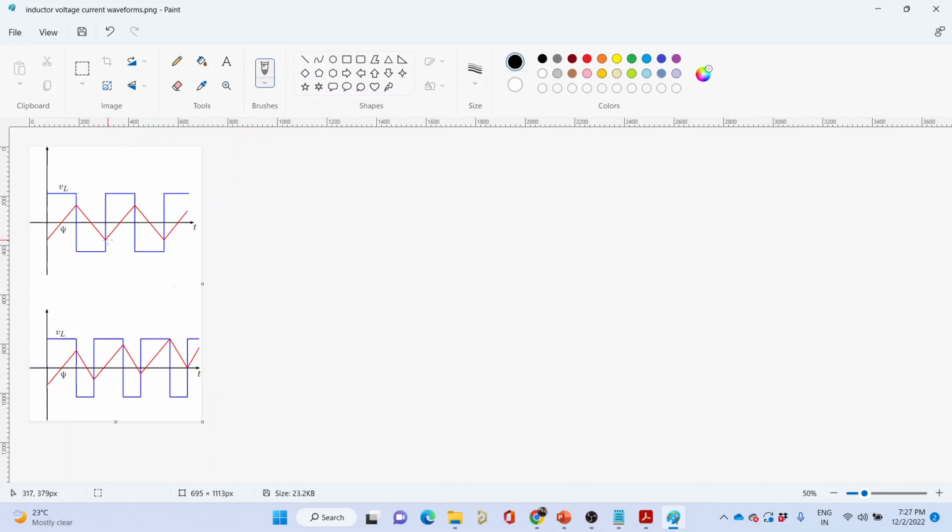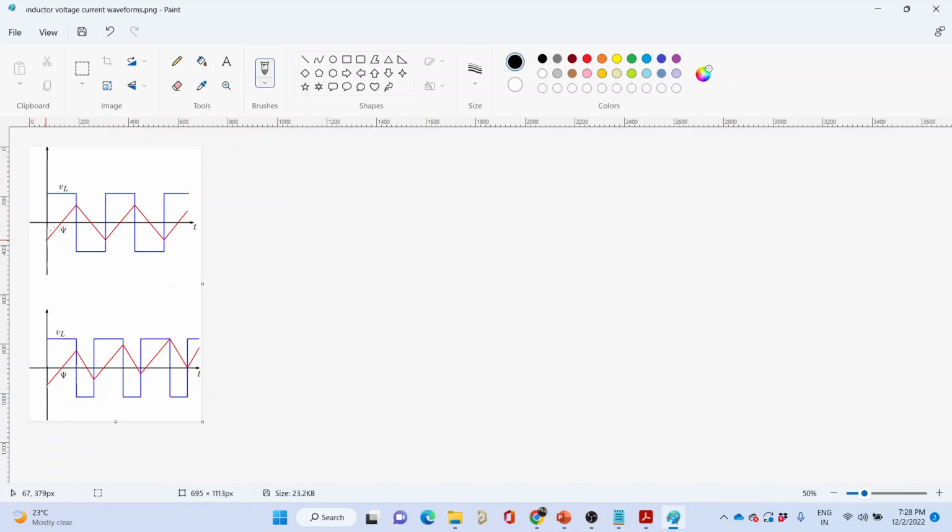When phi varies, then L changes. Sir, like E equal to N d phi by dt. Correct, absolutely. V equal to N d phi by dt, right?